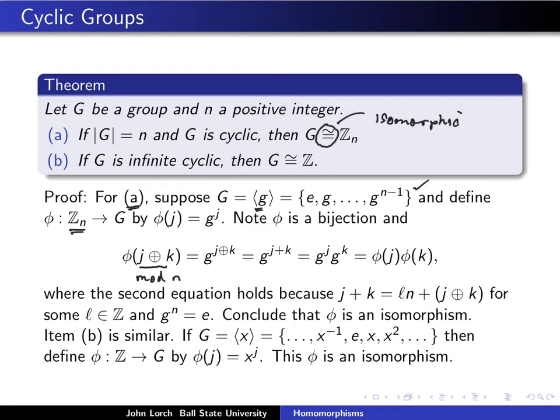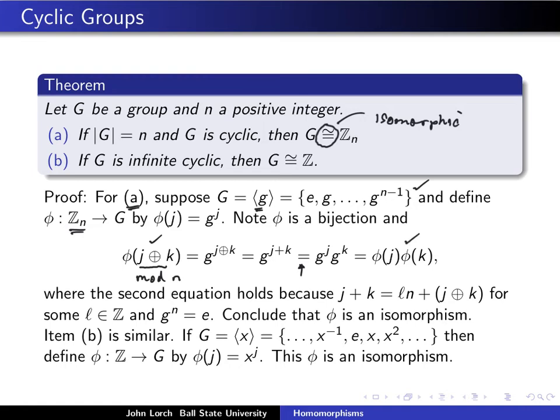And in fact, we see that that is equal to g to the j plus k, where the addition is ordinary addition. Then we can use laws of exponents to say that that's g to the j times g to the k. But remember, g to the j and g to the k are just phi of j and phi of k, respectively. Therefore, phi of j circle plus k is phi of j times phi of k.